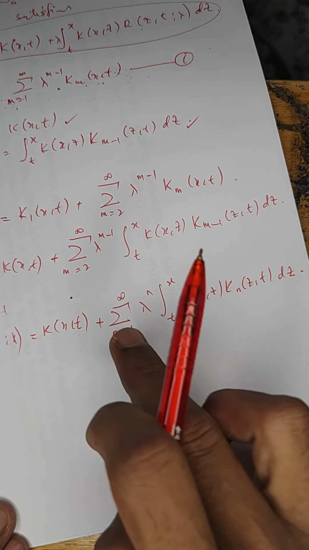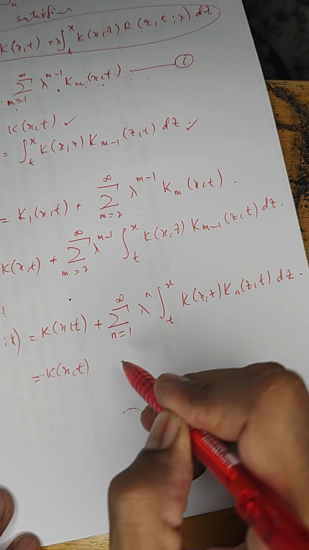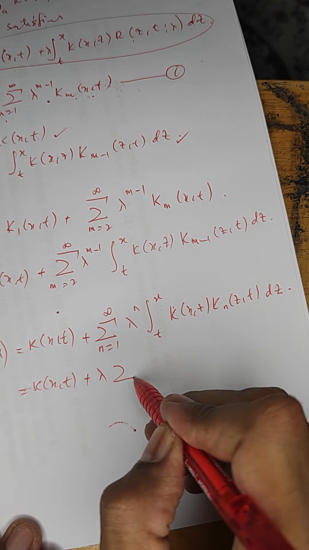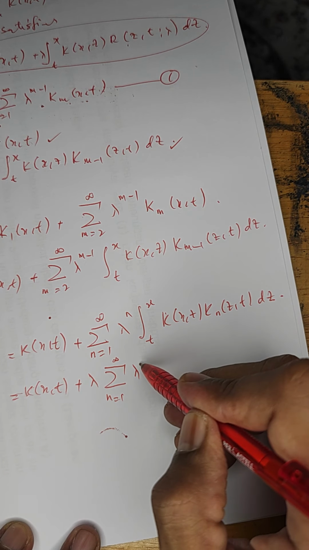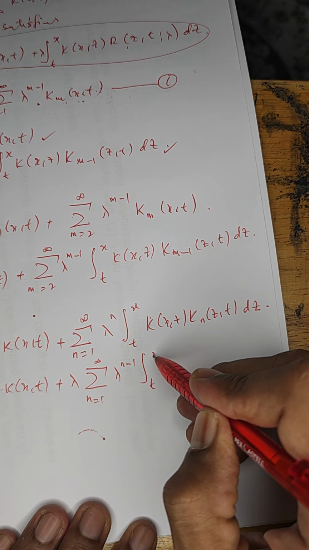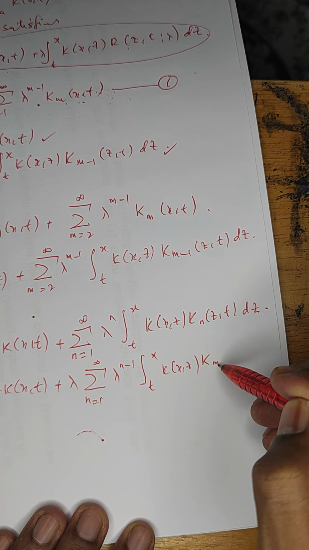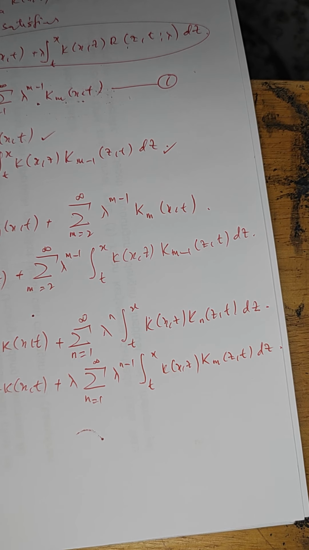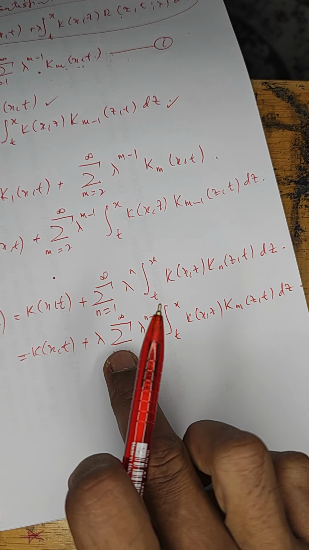Then I can write this as K(x,t) plus lambda, taking out one lambda, the sum from n equals 1 to infinity of lambda^(n-1) times the integral from t to x of K(x,z) K_n(z,t) dz. Then we change the order of integration and the summation.